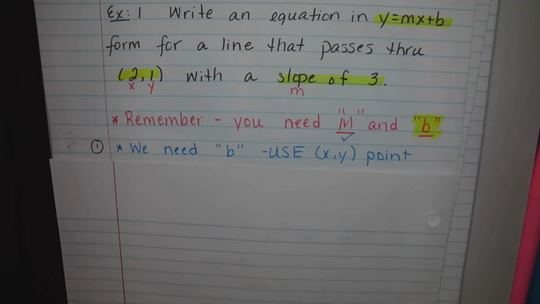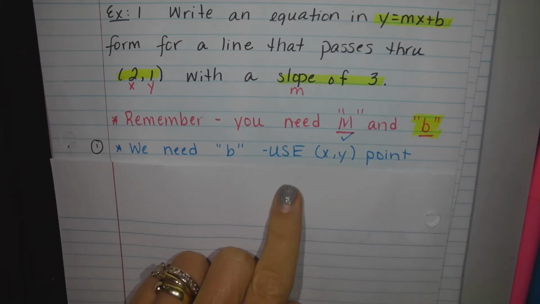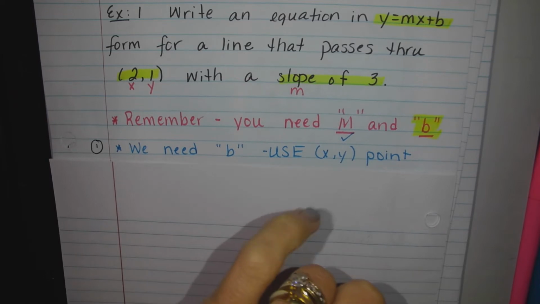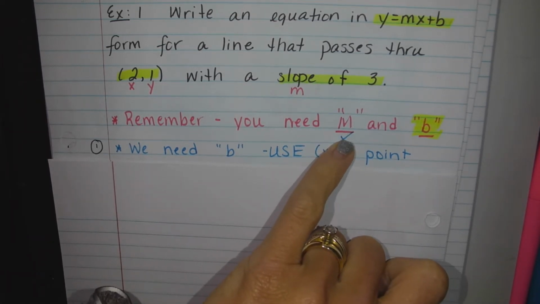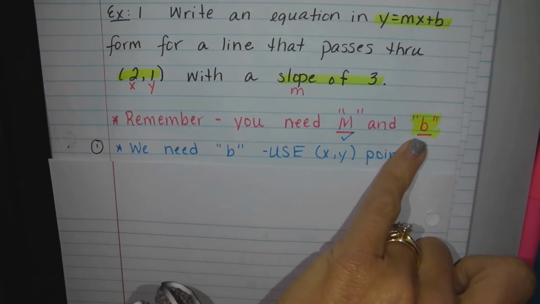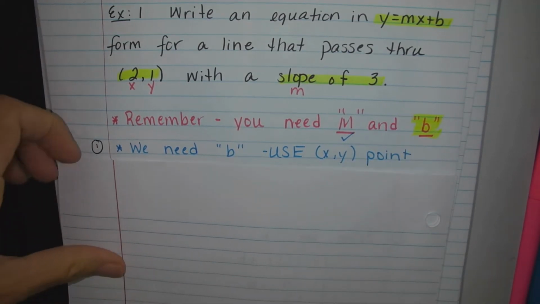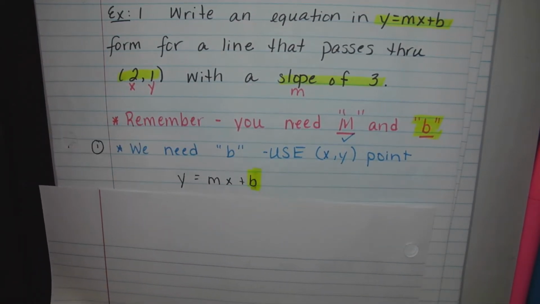We need to find B. So what we will use is our point. You see how I have M checked here? I gave you that. We need to find B. That's why it's highlighted. So we will use the following: y equals mx plus b.